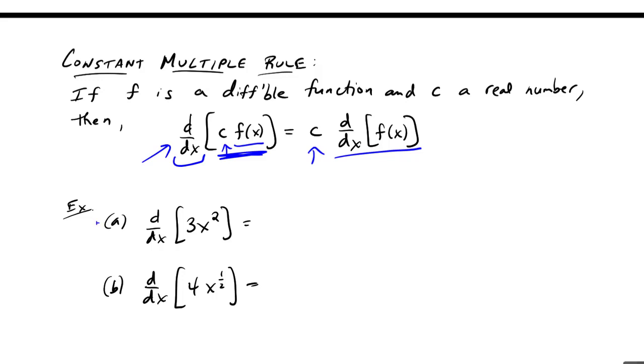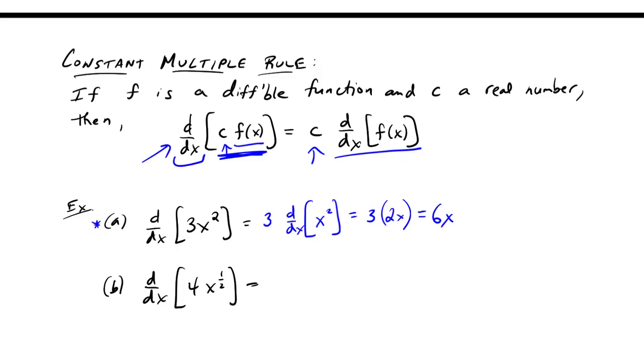So this means if we look at the example, and again, some of these I'll do with a lot more work than we'll do in the future, just because we'll skip some steps. What this one in A is really saying is that I could rewrite this as 3 times the derivative of x squared, which is then 3, and we saw the derivative of x squared is 2x to the 1, or just 2x, and then I would have 6x, and that would be my answer.